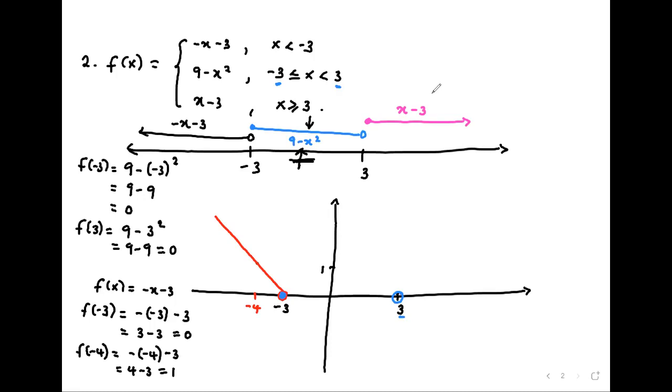Like which value? Like when you put 0. 0 is bigger than -3, so we can't use 0 there. You only use the values of x that are less than -3. You get? Yes, I do.